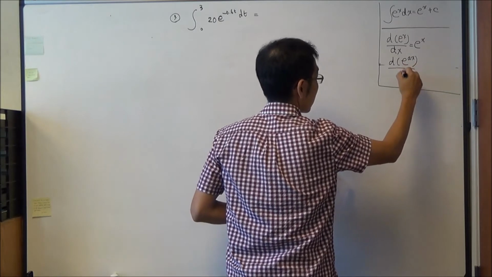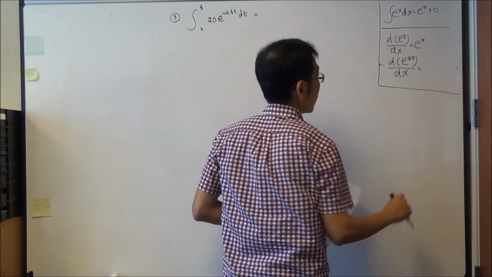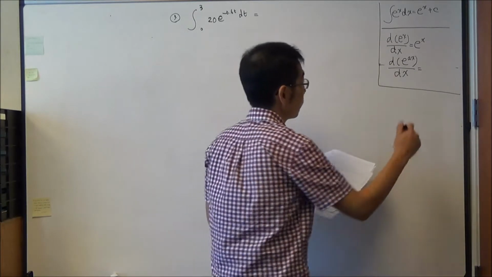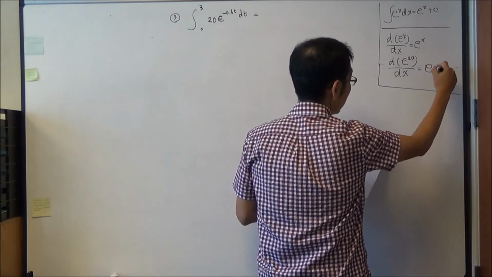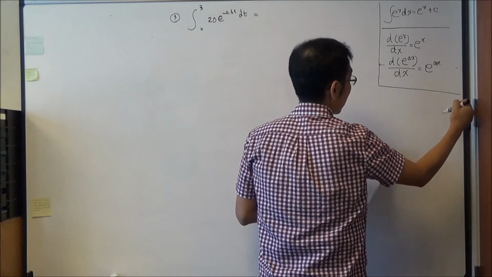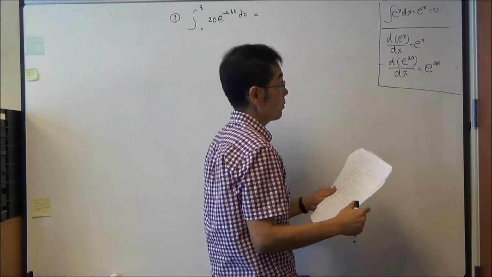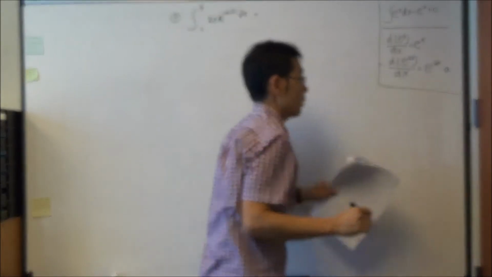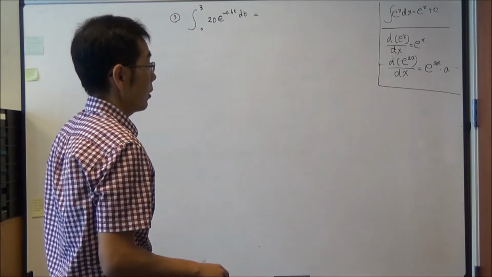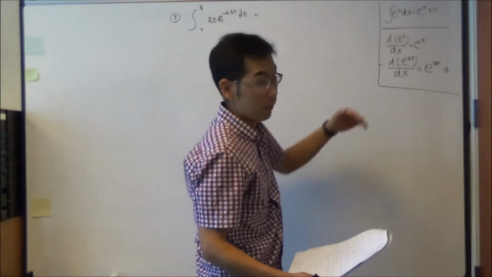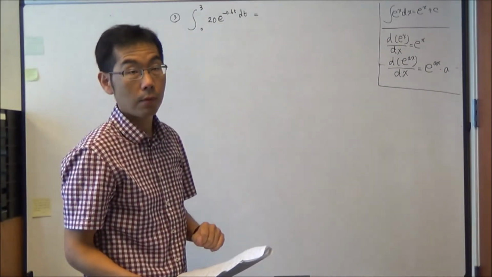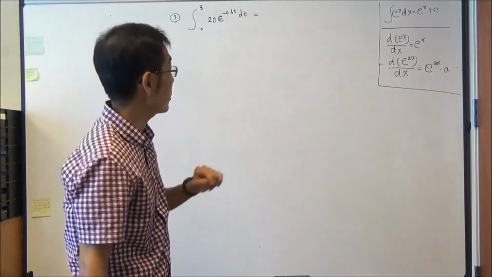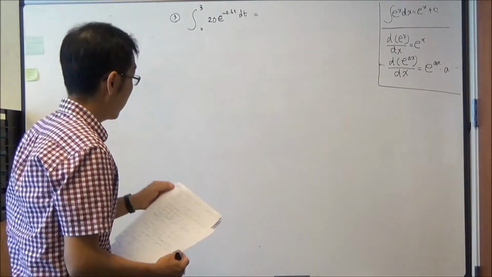AX. So this one can easily get e^(ax), and then take another derivative for this power. So this is a. If you just remember the three very basic formulas for integrations or derivatives related to the exponential function, then we can easily get this one.